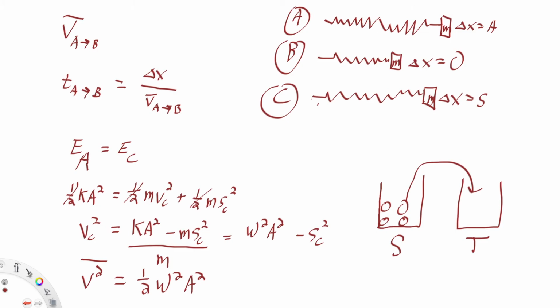Cruz, you ask why? Why to which part? Why is it 50-50? So when we think about the oscillation of the spring, the spring is not accelerating smoothly.